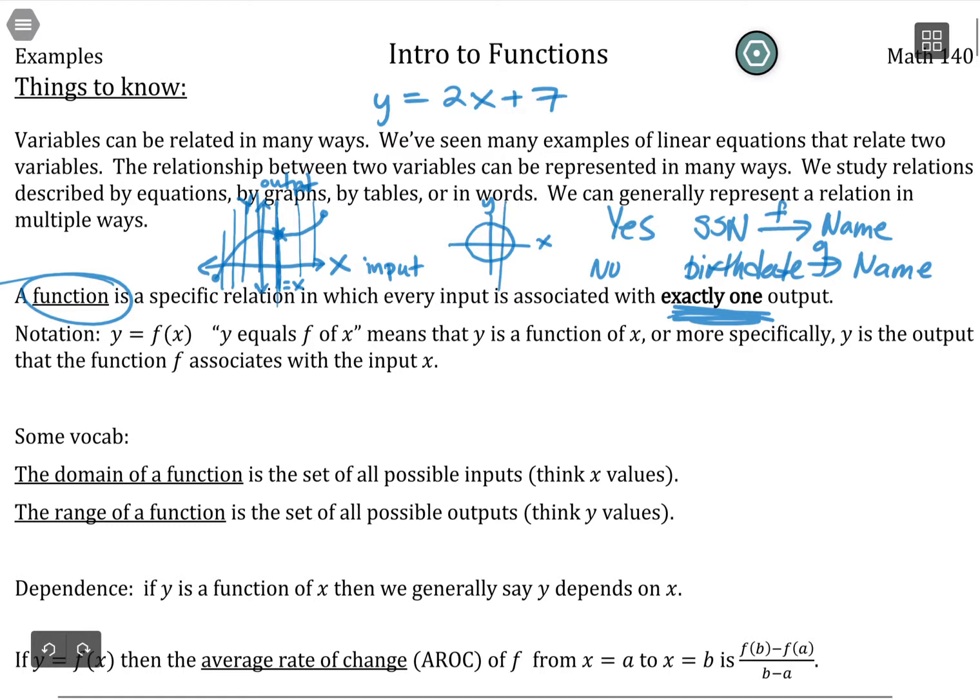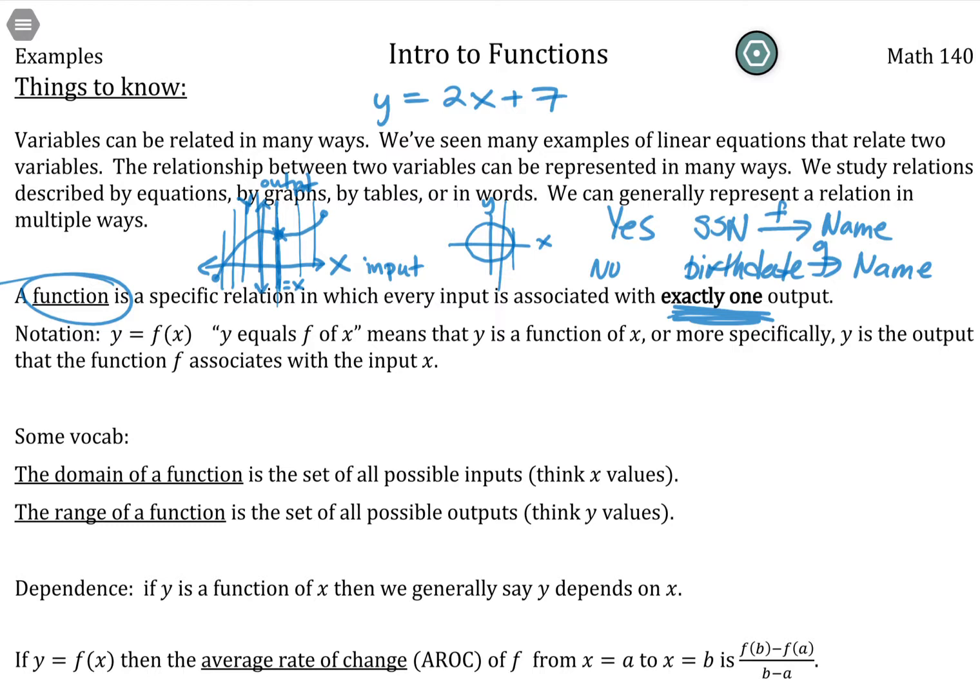Right at the end, I can draw a vertical line that only hits once, but everywhere else in the middle, it's going to hit the circle twice. That doesn't mean it's not a valid relationship. It's a great shape, it's a great graph, but it's not a function. So if you're looking at graphs of relations, the vertical line test will tell you if it's a function or not.